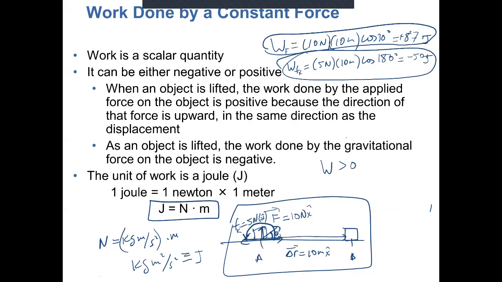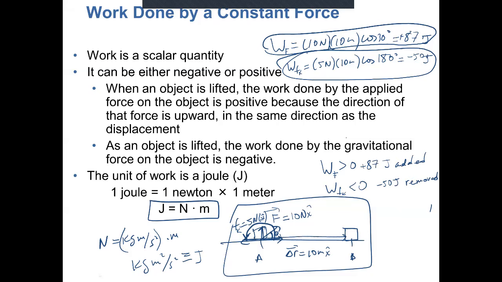So the work done by this force is positive, so energy goes into the system: plus 87 joules added to the system. The work done by kinetic friction is less than 0, which is -50 joules. If the work done is negative, it means it's removed from the system.